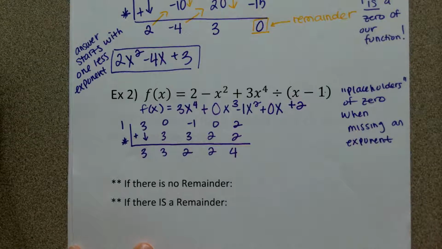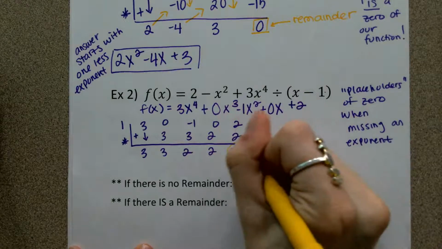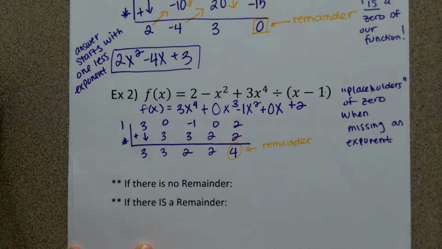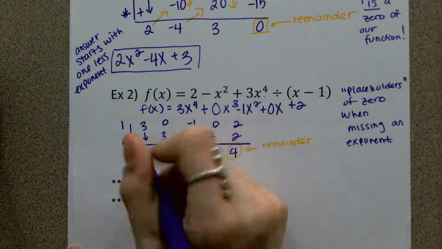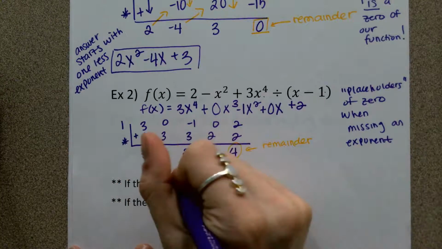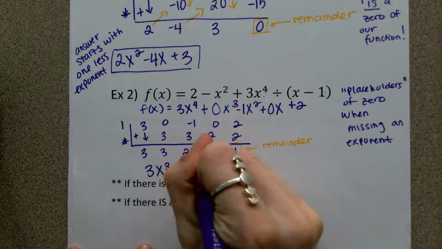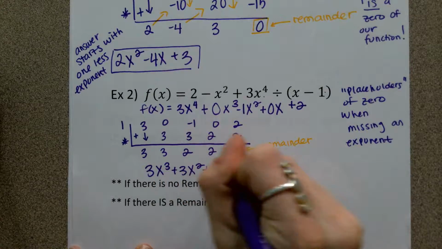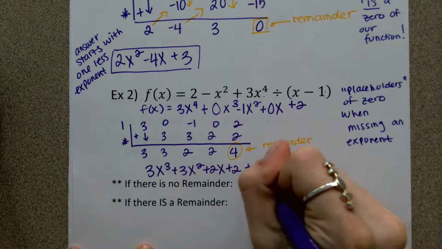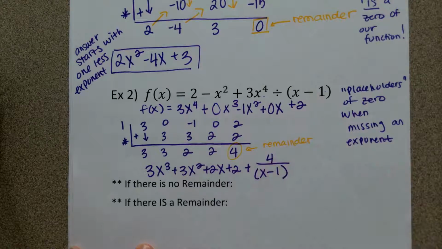So we do have a remainder in this case. We'll just write our answer, one less exponent with these coefficients, and we'll write our remainder over what we were dividing by.